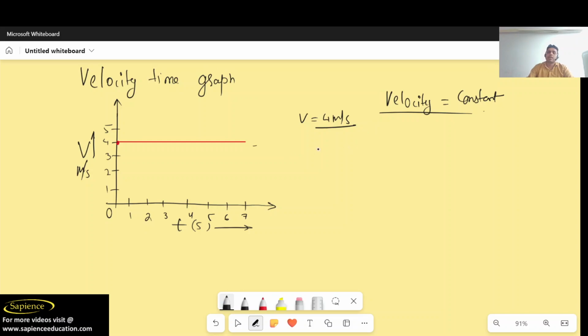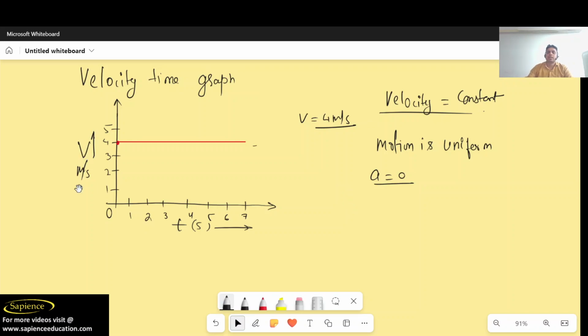Now tell me, what does the slope of the velocity time graph indicate? Before that, I will tell you that since velocity is constant, motion is uniform. Understood? So acceleration will be 0, because velocity is constant.